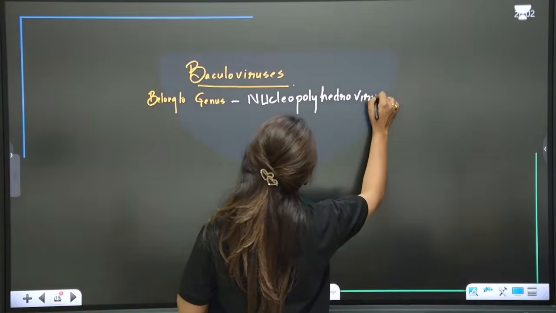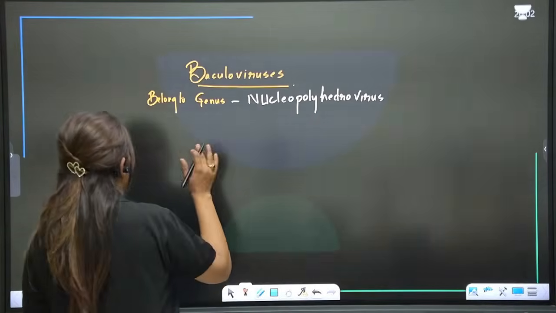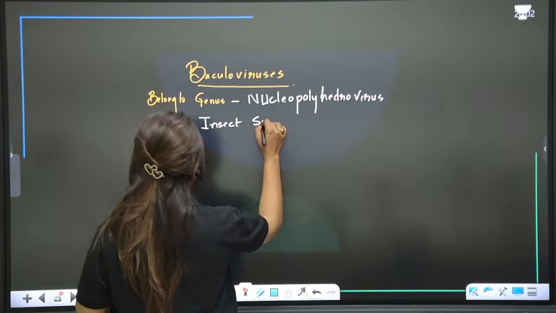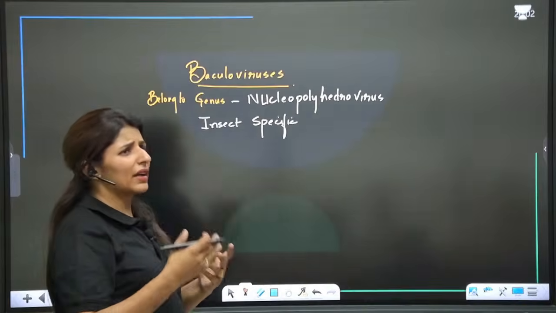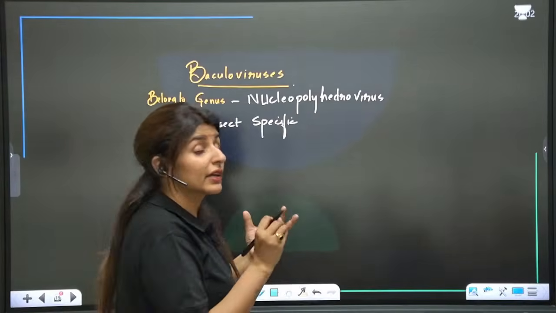Is that clear? This is baculovirus. Now, when any organism or chemical is very target specific, we call it narrow spectrum.